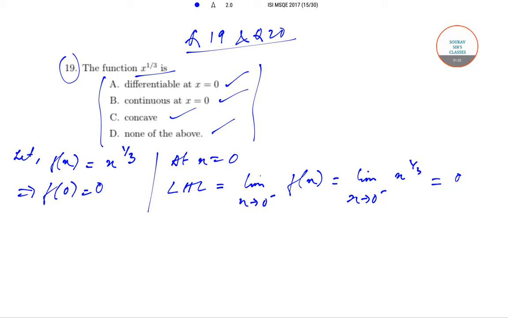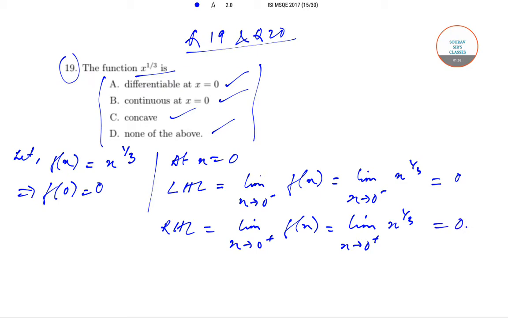This will be equal to 0. Similarly, right hand limit will be given by limit x tends to 0 plus f of x, which will be equal to limit x tends to 0 plus x to the power 1 by 3, which is again equal to 0.